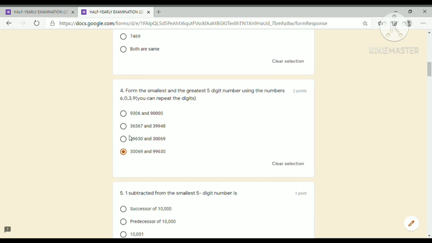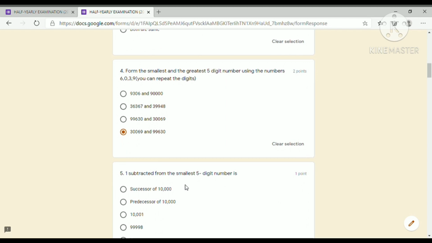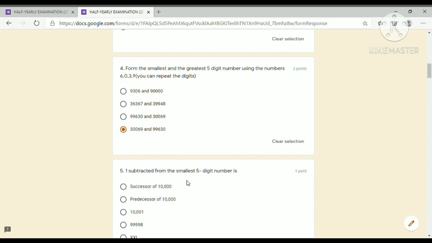Okay. Next is 1 subtracted from the smallest 5-digit number. Now, which is the smallest 5-digit number? The smallest 5-digit number is 10,000. Now, if we subtract 1 from it, will it become the successor of 10,000? No. Will it become the predecessor of 10,000? Yes, because 10,000 is the smallest 5-digit number, and when 1 is subtracted from it, it becomes the predecessor of 10,000.